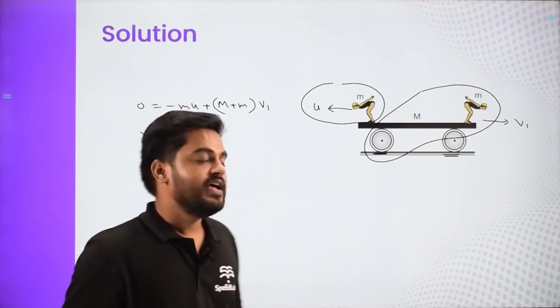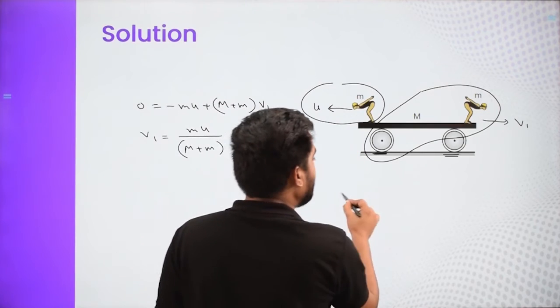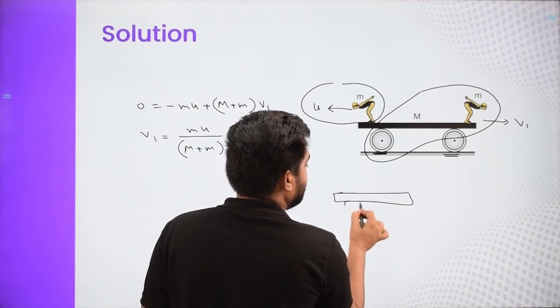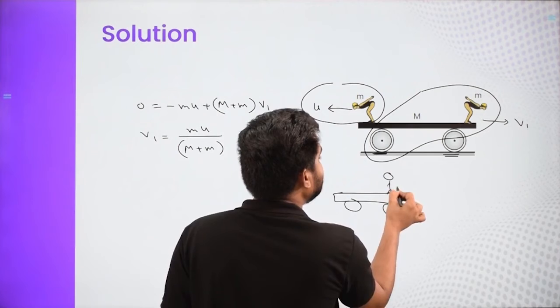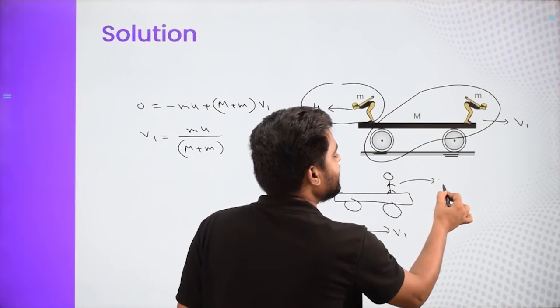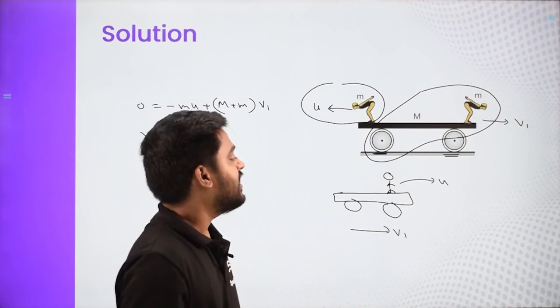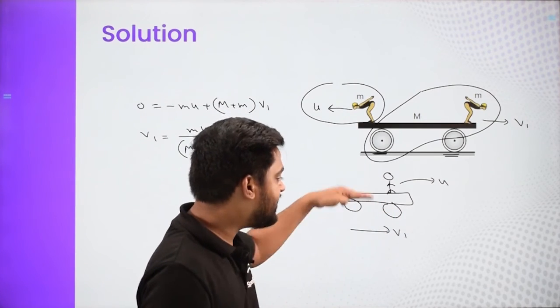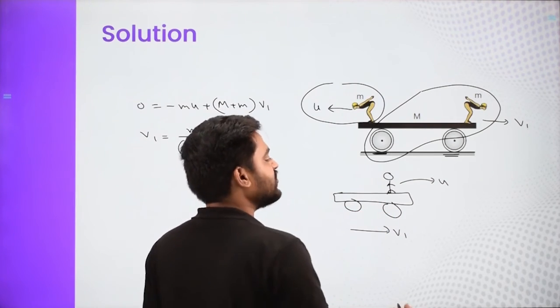Next, once he has jumped off, the entire system is moving in this direction with a velocity of v1. Now, suddenly this person jumps with a relative velocity of u again, relative to the railroad. So what will be the actual velocity?